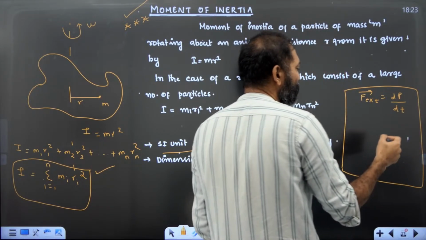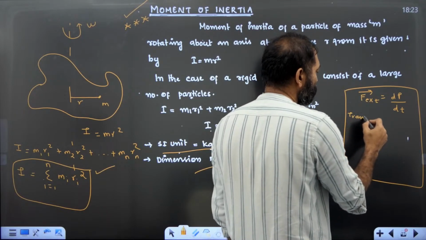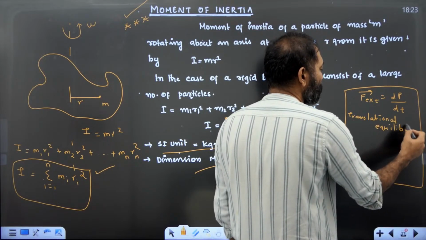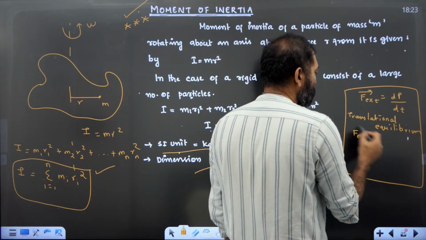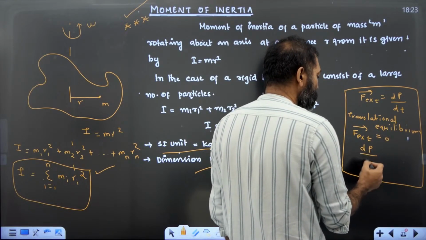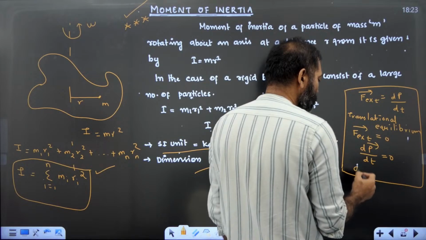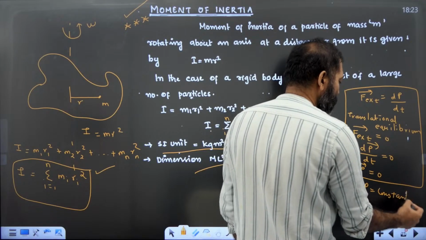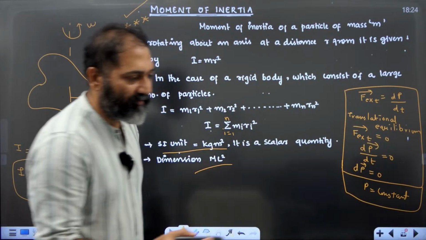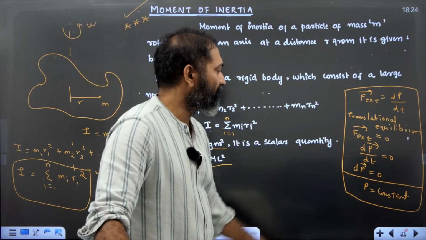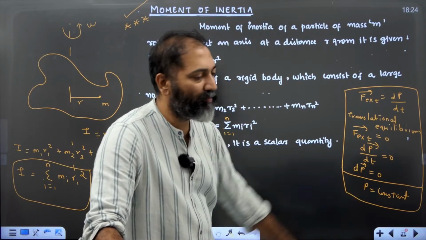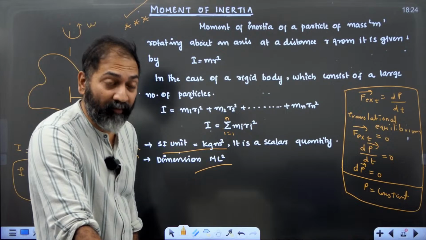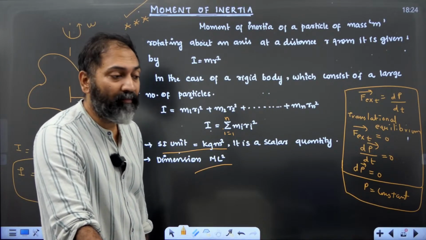Anugraha was asking whether momentum is constant. That is from the previous topic, so I will write it in a separate box. External force is equal to the rate of change of momentum. We said earlier, if a body is in translational equilibrium, external force has to be zero. If external force is zero, dp by dt is zero, that means dp is zero, so p is constant. So Anugraha, what you said is correct. You can add that to the properties of translational equilibrium: external force zero, velocity constant, momentum constant.